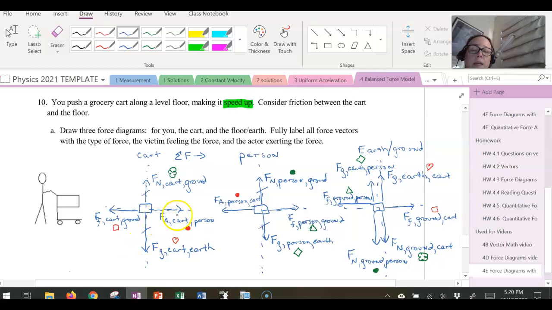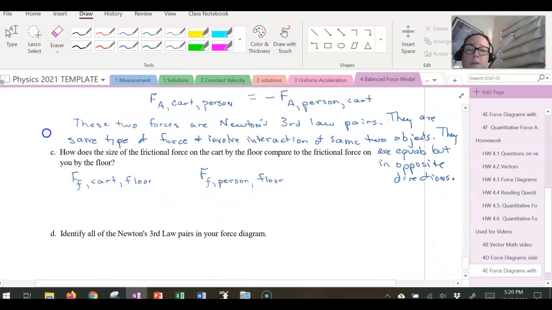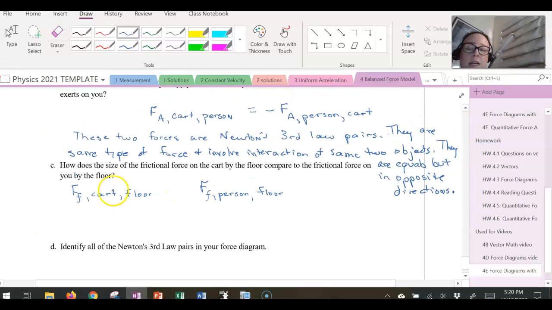Therefore, the applied force that the person is applying to the cart must be larger than the frictional force that the ground is applying on the cart. In order for that applied force to be bigger, the frictional force that the ground is applying to the person must be larger than the frictional force that the ground is applying to the cart. So the frictional force on the cart is smaller than the frictional force on the person.